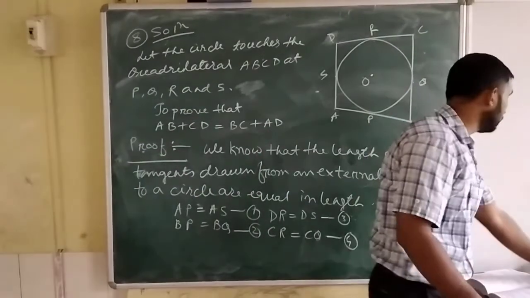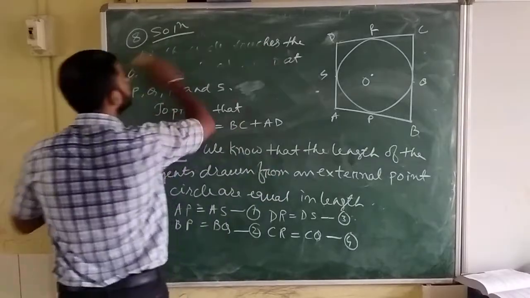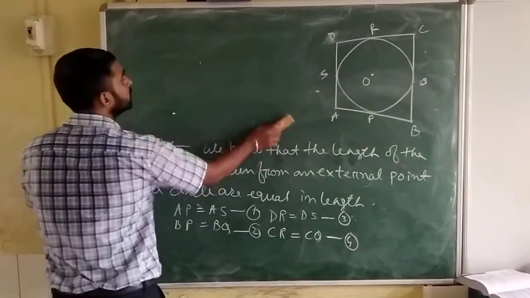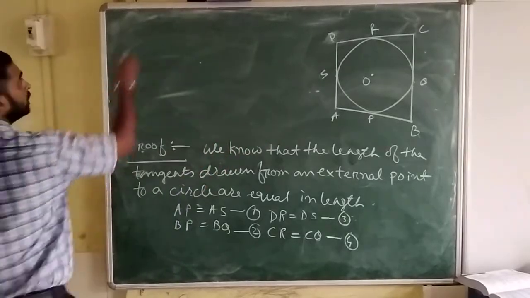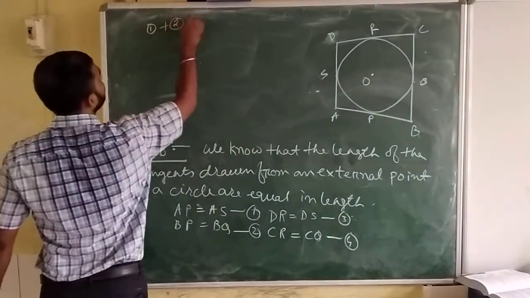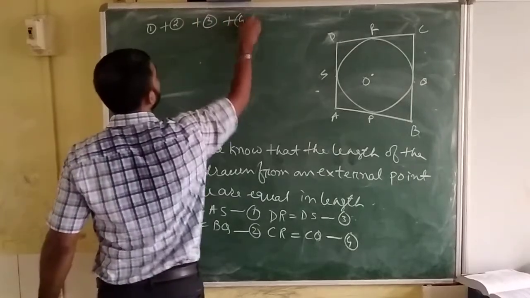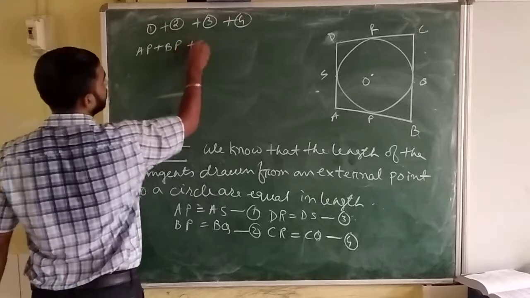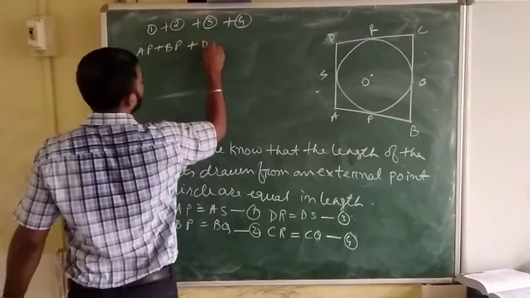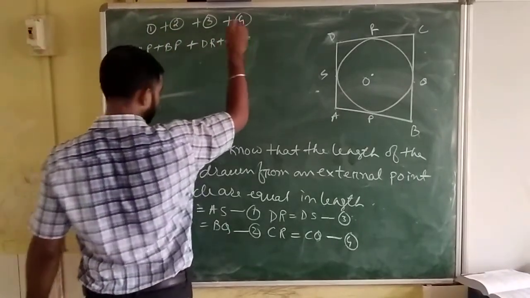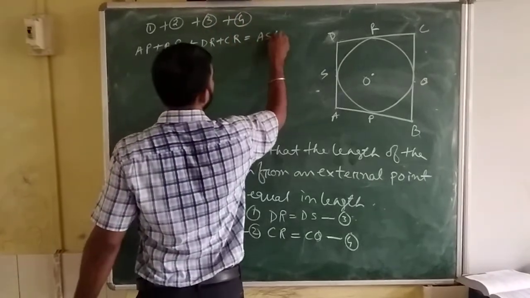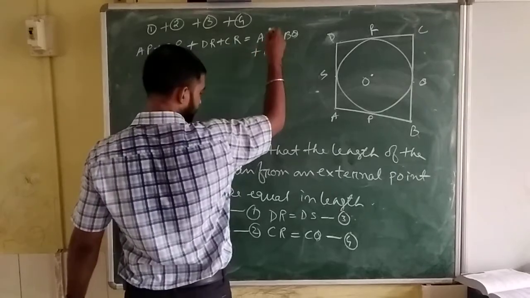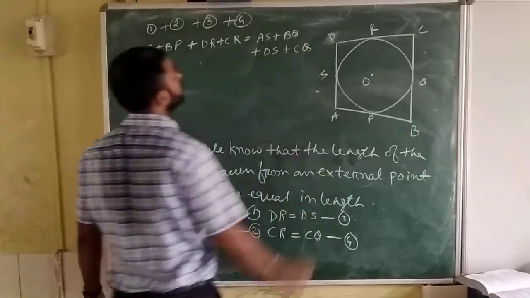Now we will add all of them: 1 plus 2 plus 3 plus 4. AP plus BP plus DR plus CR equals AS plus BQ plus DS plus CQ.